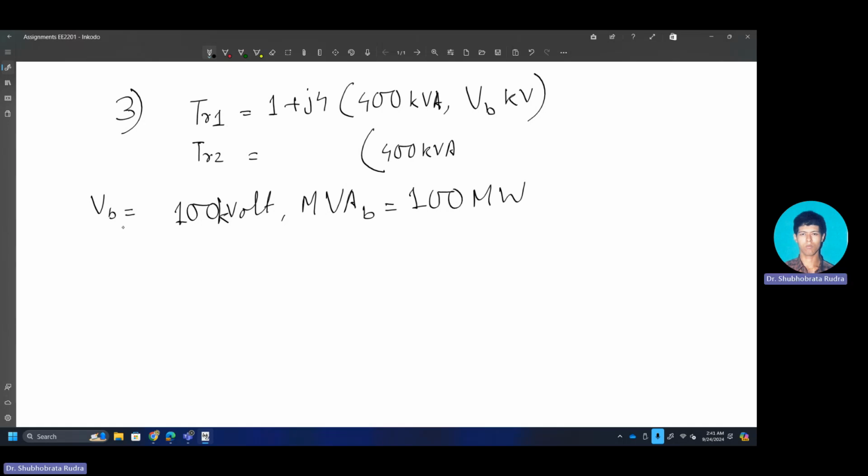So now what is your ZB? We have 100 into 100 divided by 100. So ZB is equal to 100.